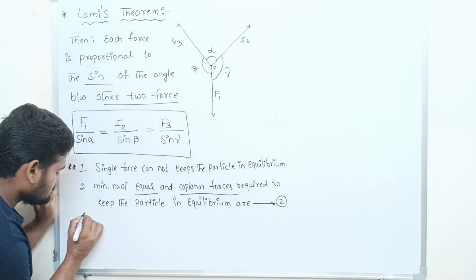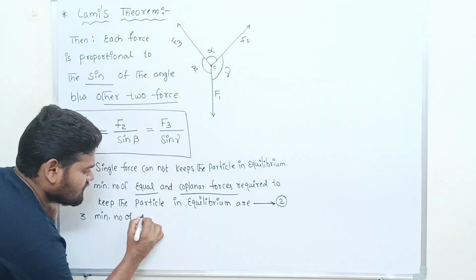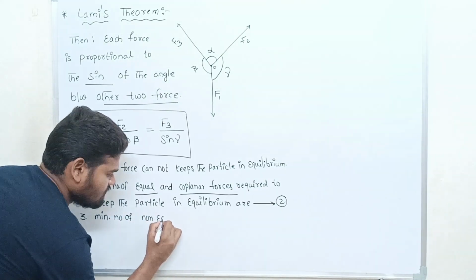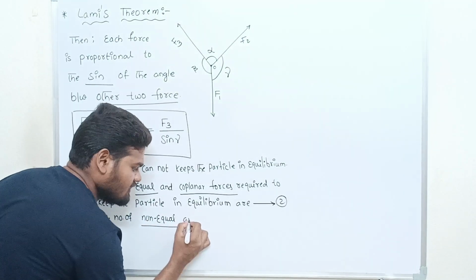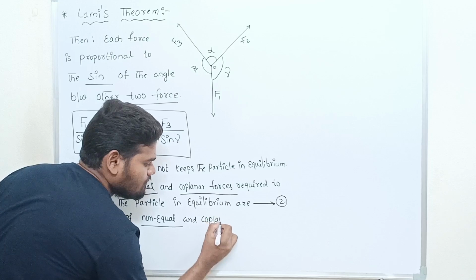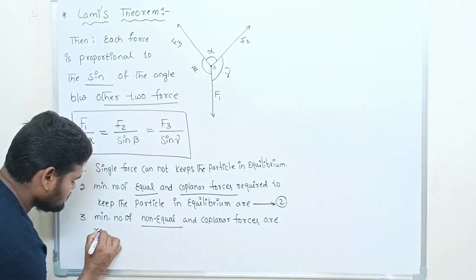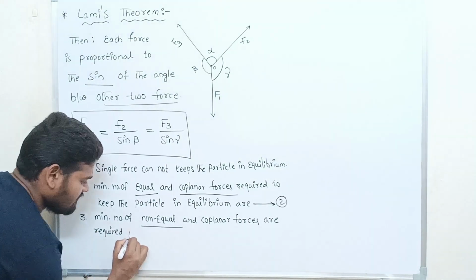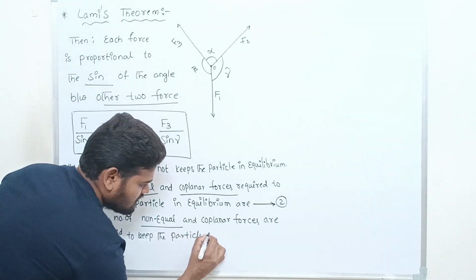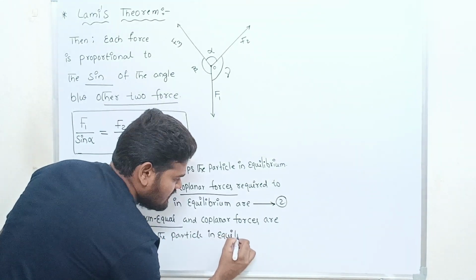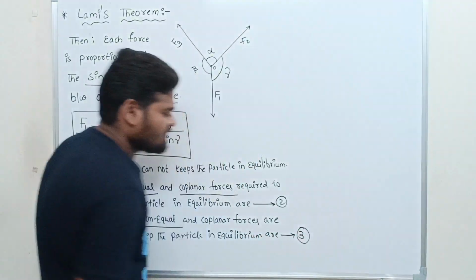Okay, that's it. Third point: the minimum number of non-equal and coplanar forces required to keep the particle in equilibrium is three.